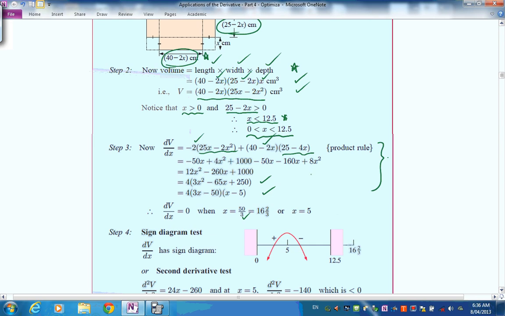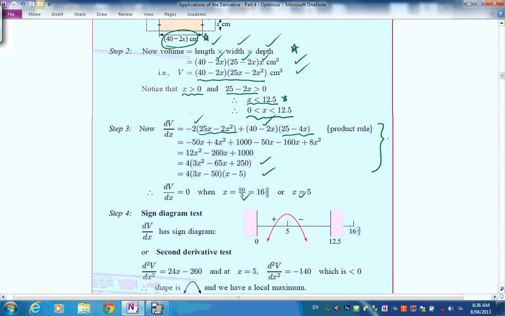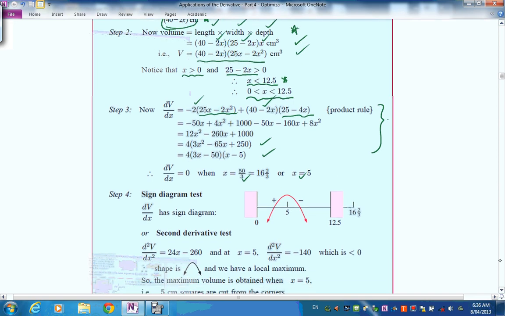You'll have this one equals naught, or x minus 5 is naught, and then let's have a look at the picture then. So 16 2/3 is too far out. We've said we can't get it out that far. If x is that big, the breadth, which is 25 take 2x, is less than 0, so that is outside our possible set of values.